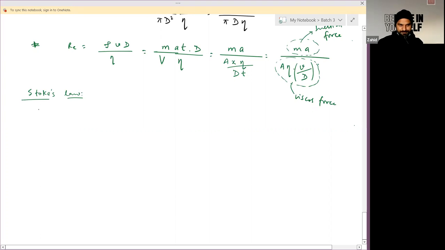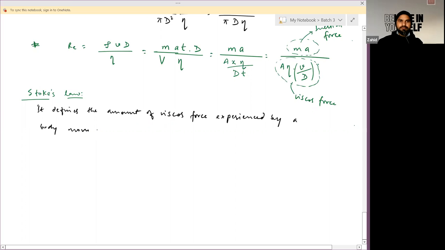Stokes' law simply states or defines the amount of viscous force experienced by any object moving in a viscous medium. It defines the amount of viscous force experienced by a body moving or projected in a viscous medium.